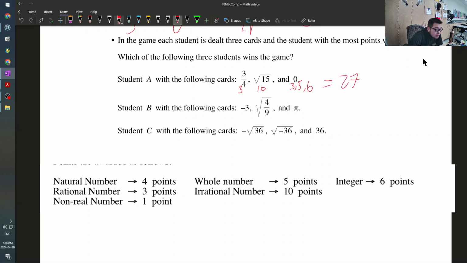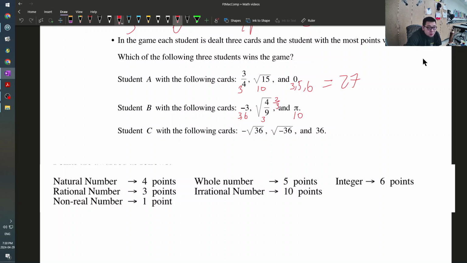Okay, -3, it is rational, it is an integer, so 9 points. Square root of 4 over 9, that's 2 over 3, so it is rational, that's it. Pi, it is an irrational number, so 10.